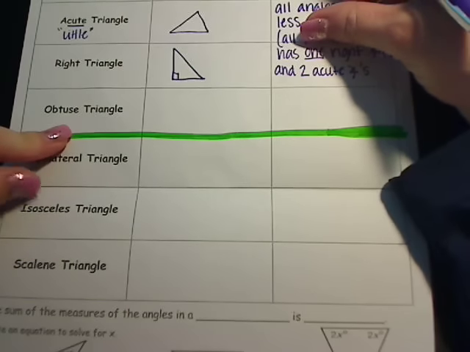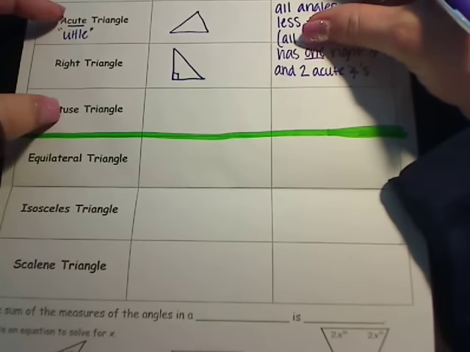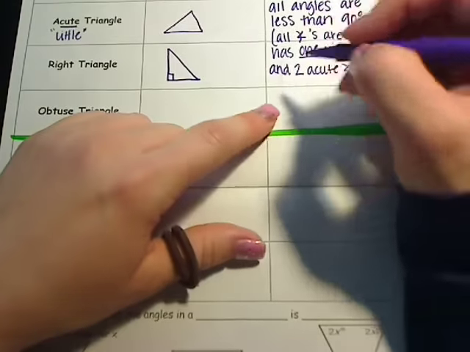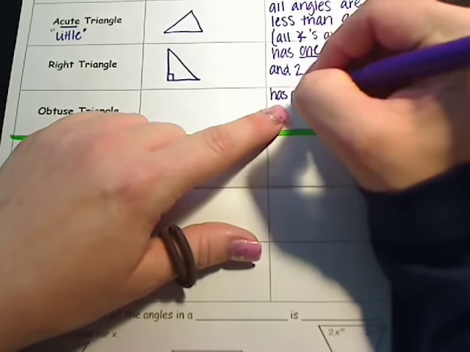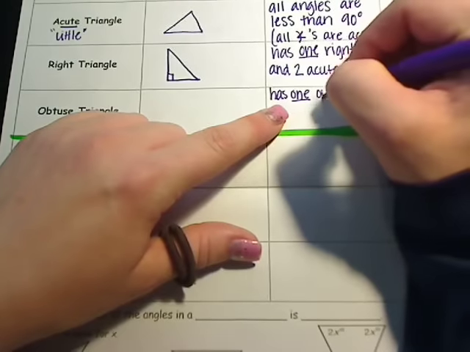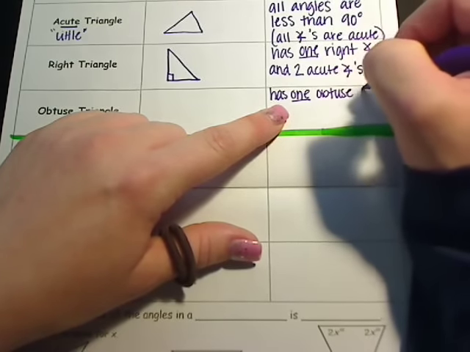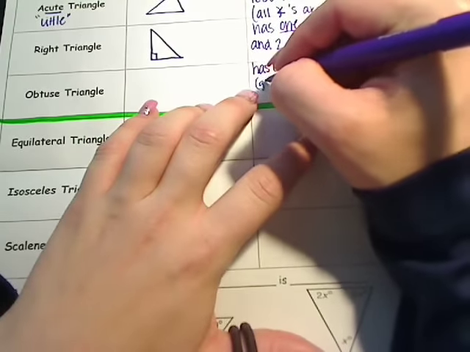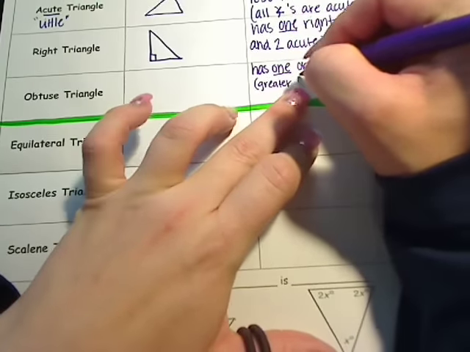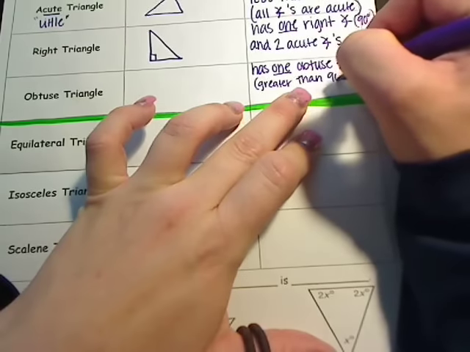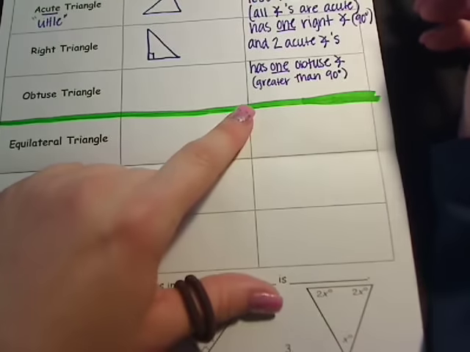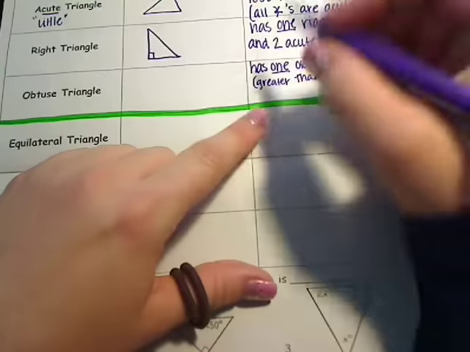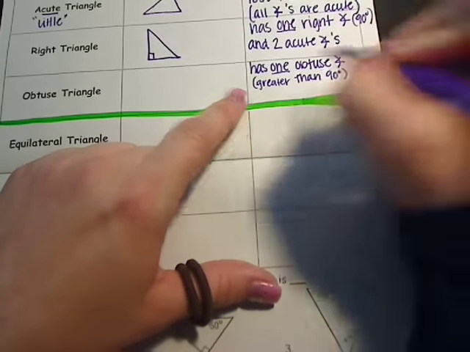And the last way to classify a triangle like this, acute, right, or obtuse, would be an obtuse triangle. An obtuse triangle has one obtuse angle. An obtuse angle is greater than 90 degrees, just so you know.